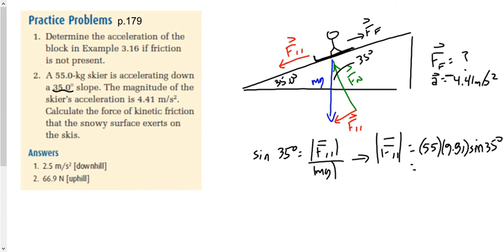Who's got a value for that? 309. Okay, so there we go. There's my F parallel. Let's label that in right here. 309.473 newtons. We still don't know what Ff is. That's okay. That's what we're going to find in just a moment here.